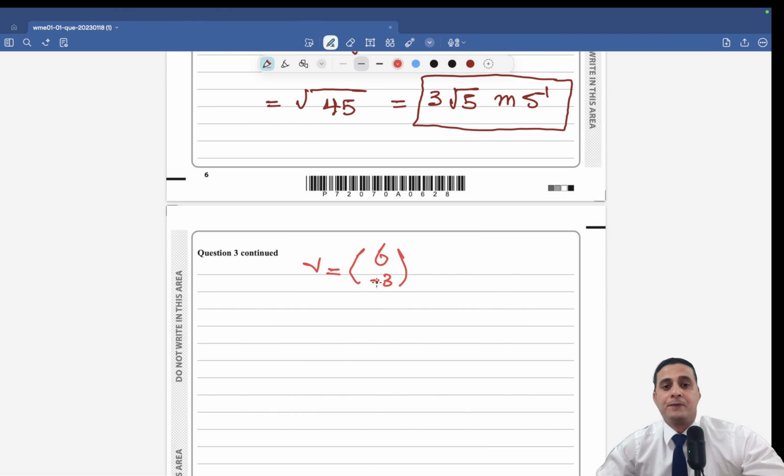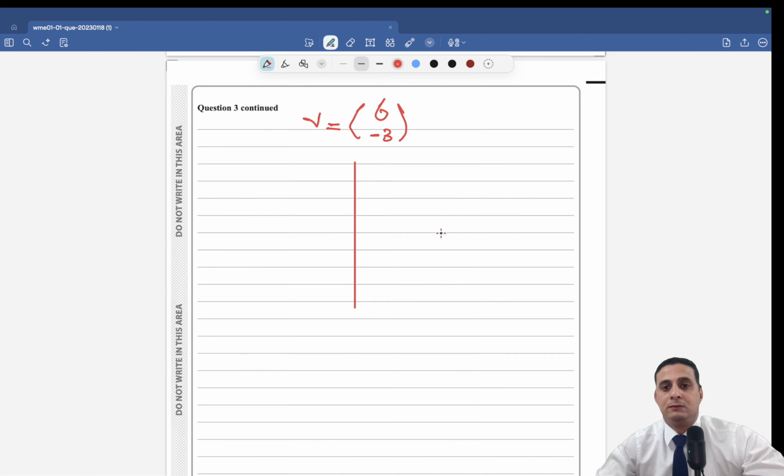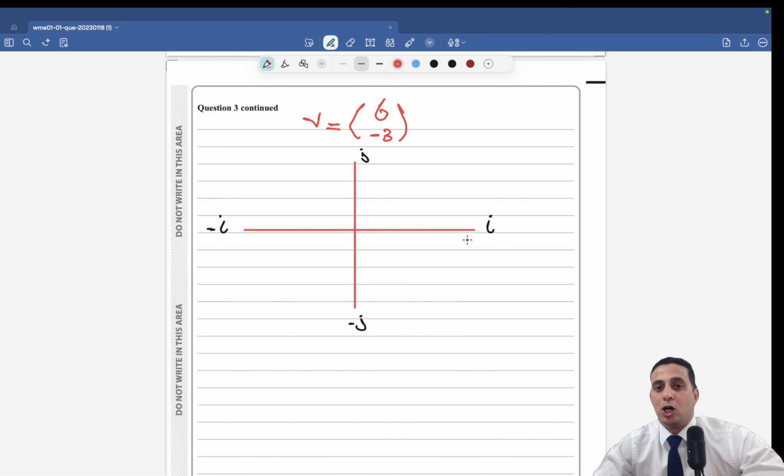If we make a sketch, that direction is i. This one here is negative i. The positive y-axis is positive j. The negative y-axis is negative j. I need to find the angle between i and that one.